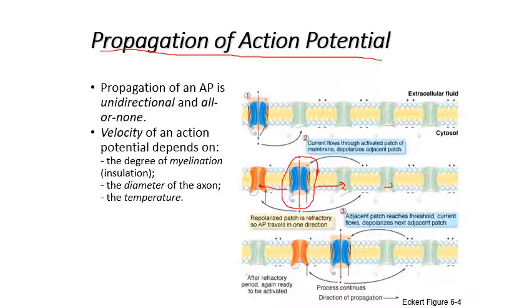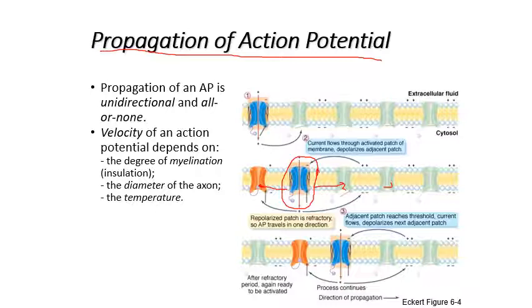Opening of previous channels, or preceding channels, causes the opening of the next channels down the line. So you can see every time we're getting a rush of sodium in. Therefore, we're not losing any of the change in membrane potential. We're not losing any amplitude. Whereas with the graded potentials, we don't have this re-upping. We have a channel opening wherever in the cell membrane, and there are no channels to be further opened up.